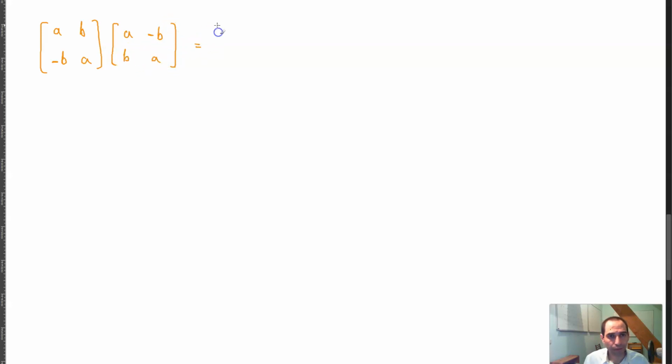So to calculate this, this is a 2 by 2 matrix, and this is a 2 by 2 matrix, so you'll get a 2 by 2 matrix.